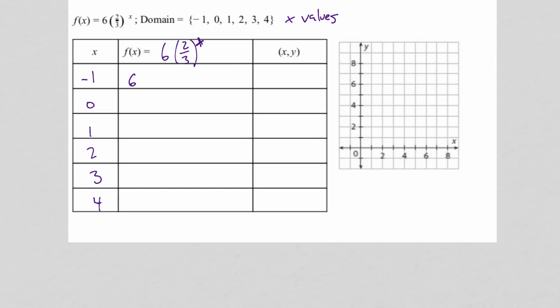So it's going to be 6 times, in parentheses, 2 divided by 3, up arrow, -1. And then 6 times 2 divided by 3 in parentheses, up arrow, 0. And then you get the point after this.